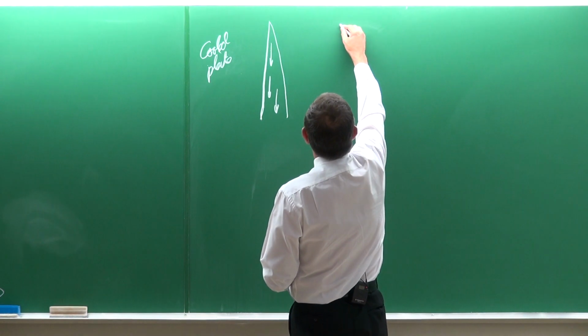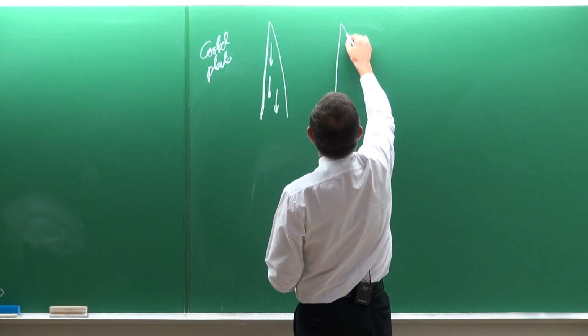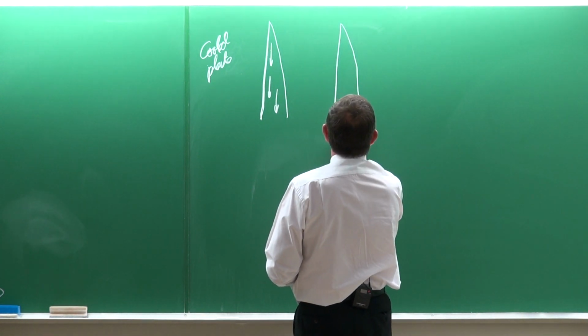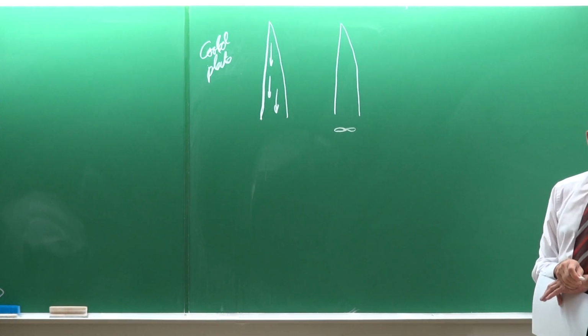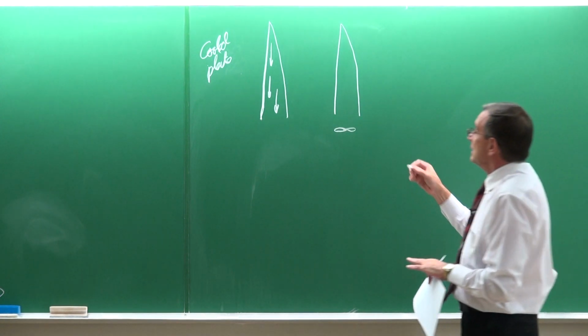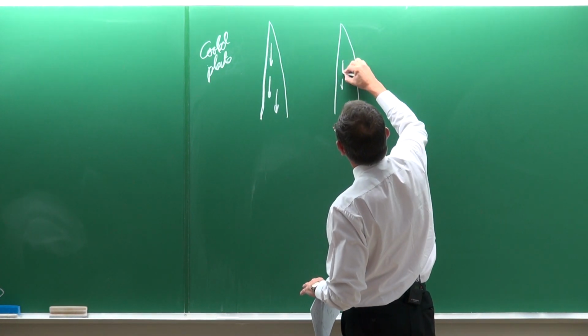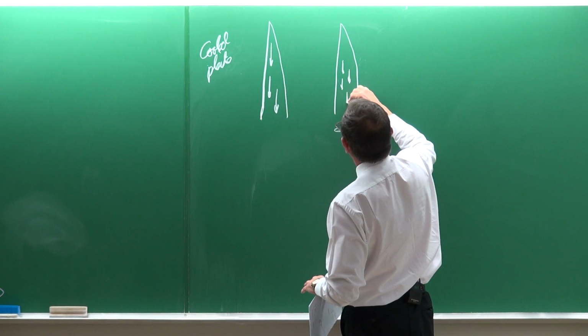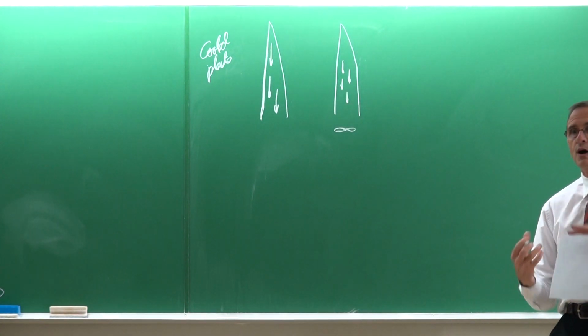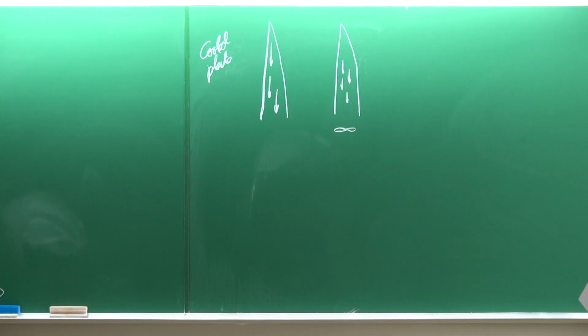If I would now put the small fan here, it would mean that these velocities would now decrease in length. The average velocity will be smaller. Do you agree?